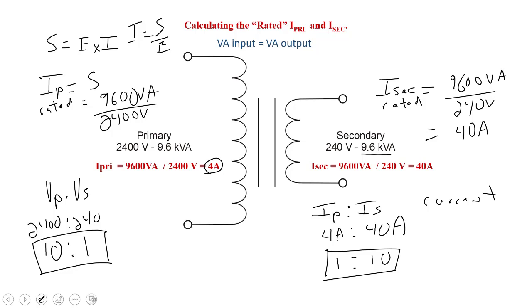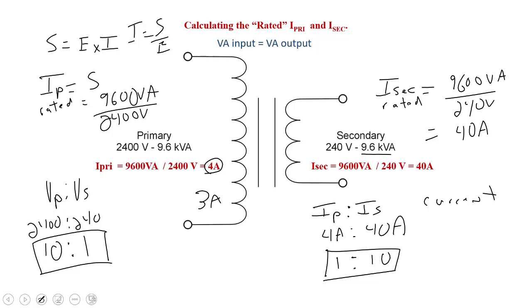So we can use this if we know the voltage ratio or the ratio of a transformer. When we just say ratio, that means voltage or turn ratio. And we could use that knowing that the current ratio is opposite. So, for example, if I said that this had 3 amps going through the primary, could we use our ratio to determine the current flow through the secondary?